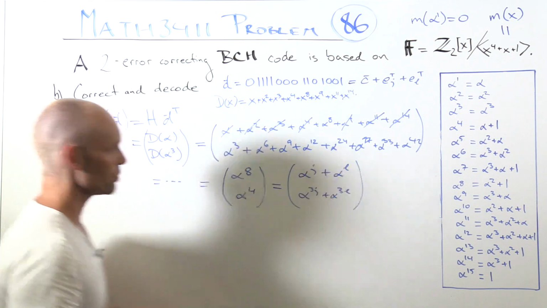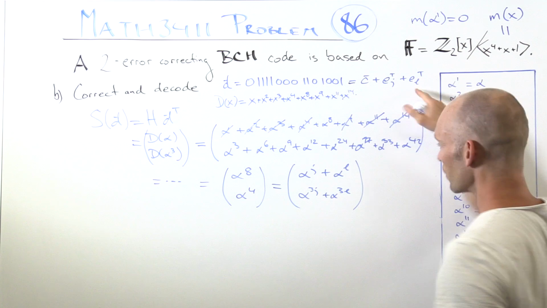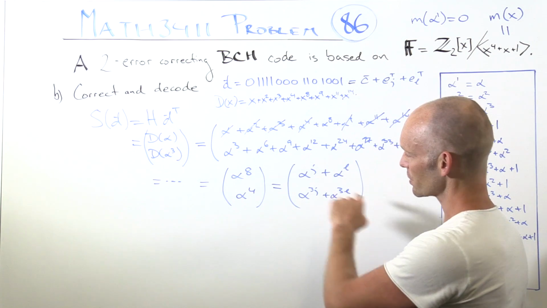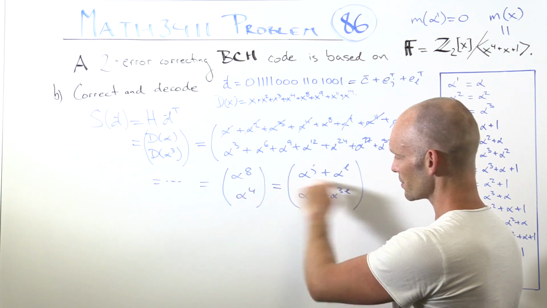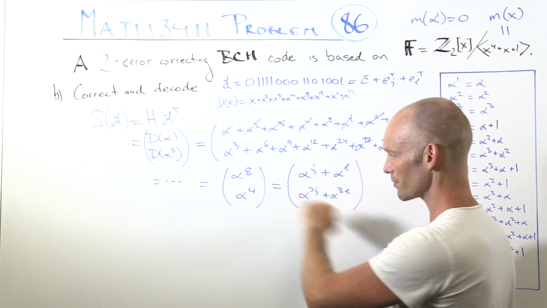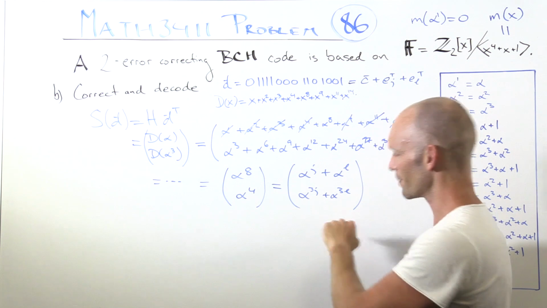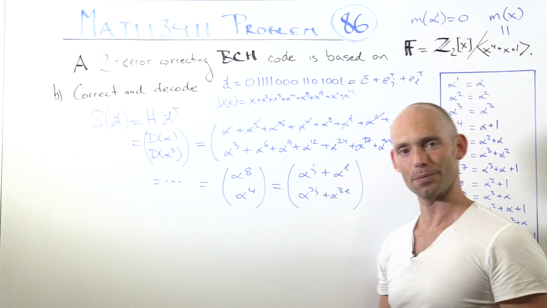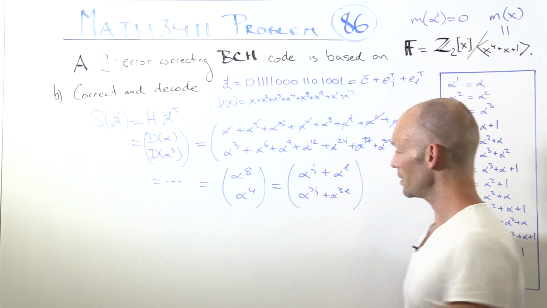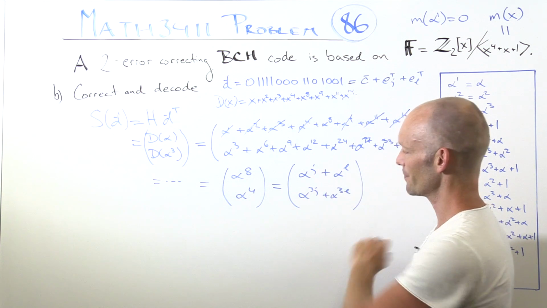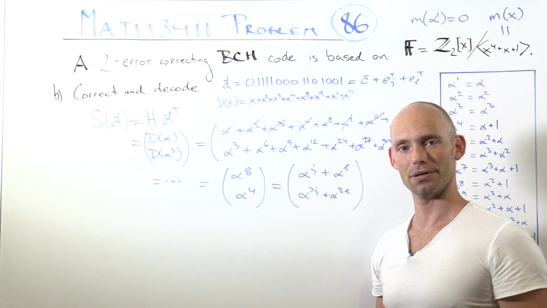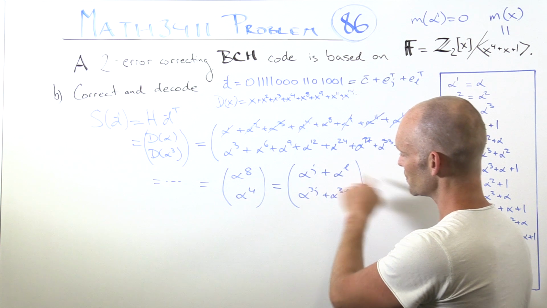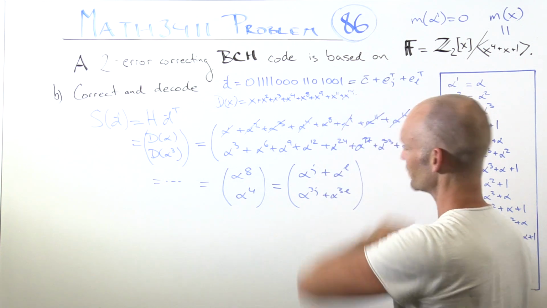Because in order to find the positions j and l, we just have to solve this equation here. You want this to be equal to this sum here, and this alpha to the power 4 to be equal to this sum there. So you're trying to find the j and l numbers for which this would be true. Since j and l are symmetric, it doesn't matter whether you choose j to be the one error or l to be the other.